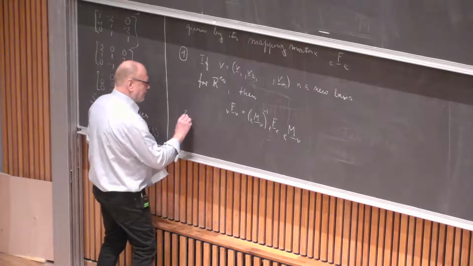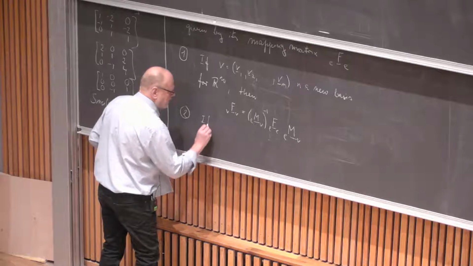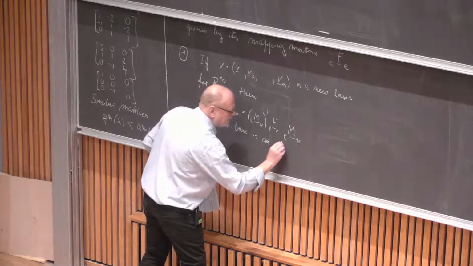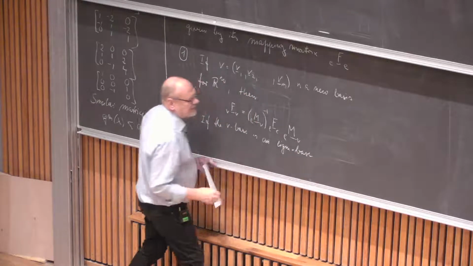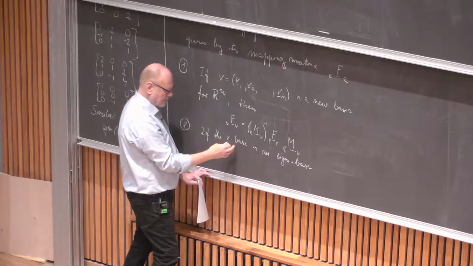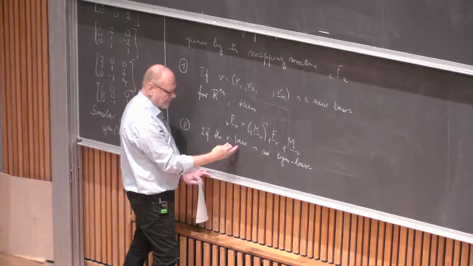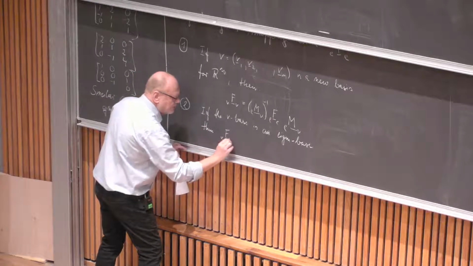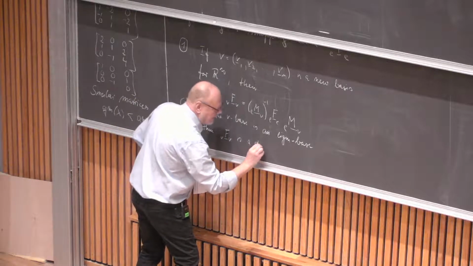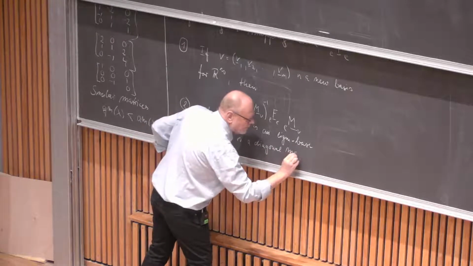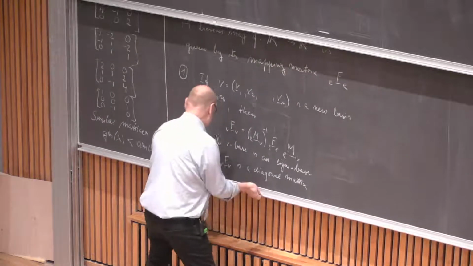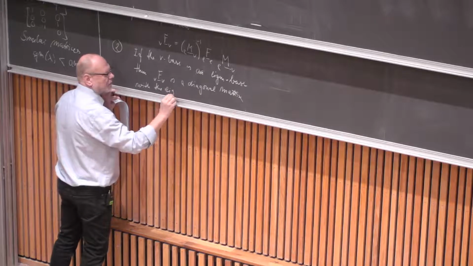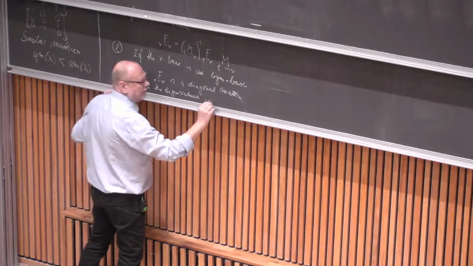Now, in the case that the V base is an eigenbase, that is, if the columns of V form an eigenbase, then this mapping matrix is a diagonal matrix with the eigenvalues in the diagonal.